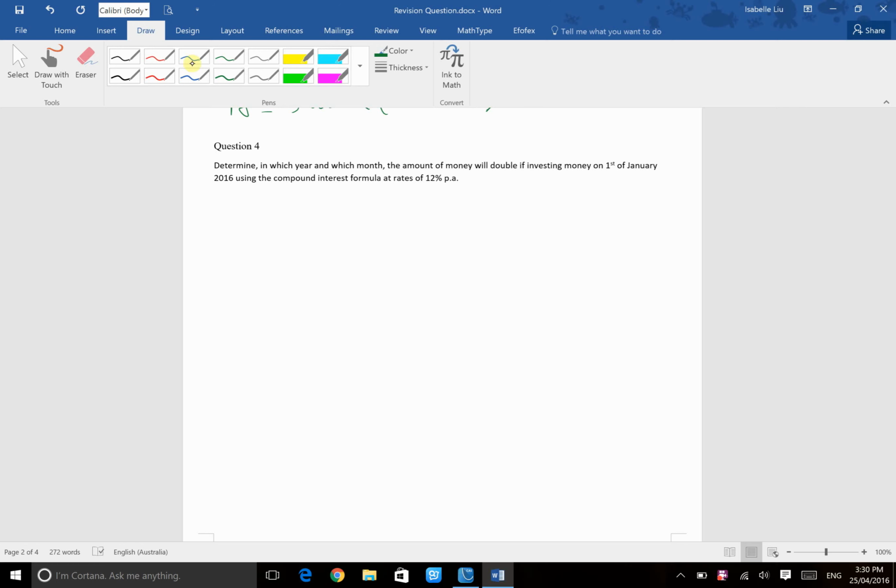Okay, what can I write for that? I can write my amount available A equals P times 1 plus R% to the power of T. I don't know my P value now. My A should equal P times 1 plus 12%, which is 0.12, to the power of T.